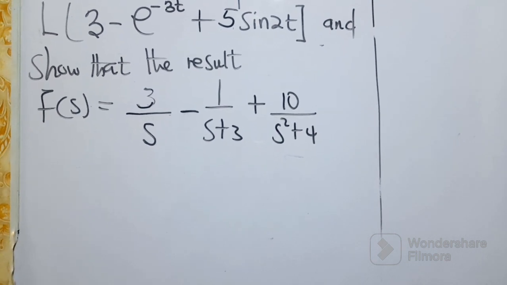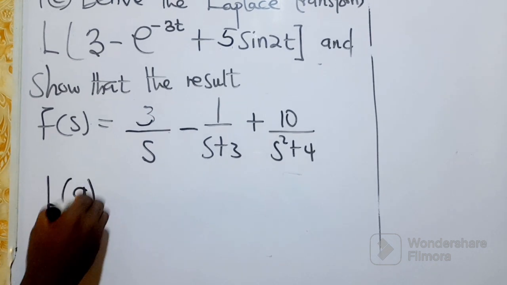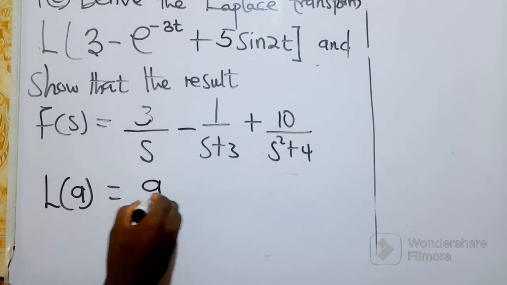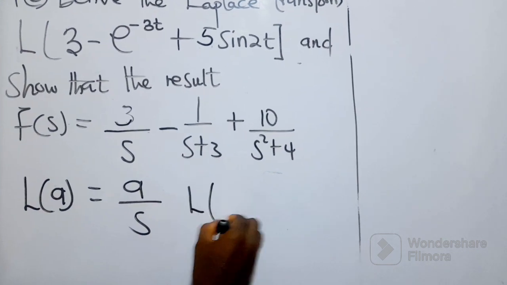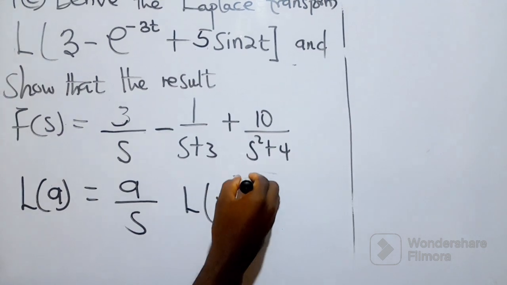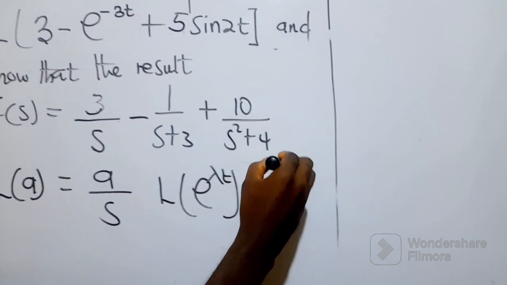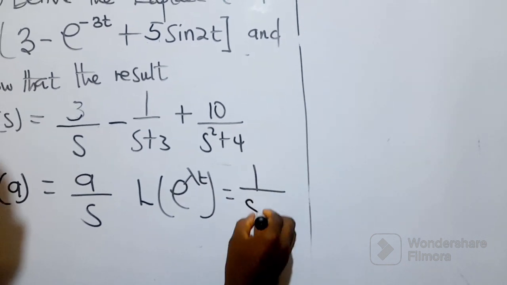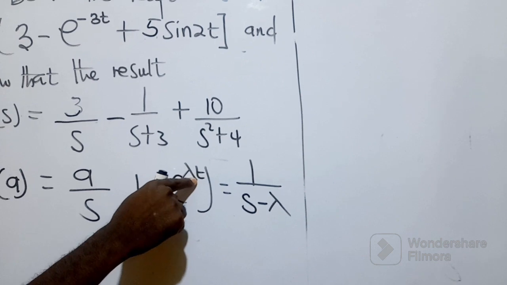So remember, we learned that the Laplace of any constant is that constant over s. And the Laplace of an exponential function, e exponent lambda t, is just equal to 1 over s minus the coefficient here, that's the lambda.